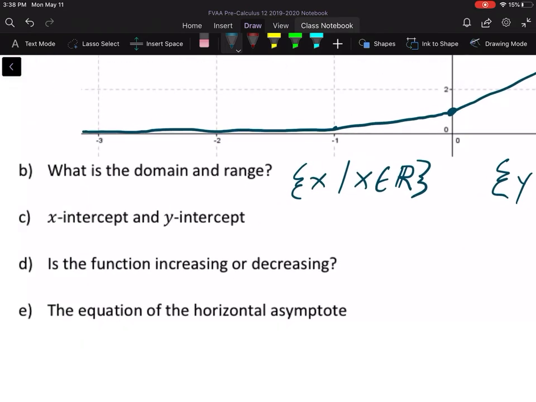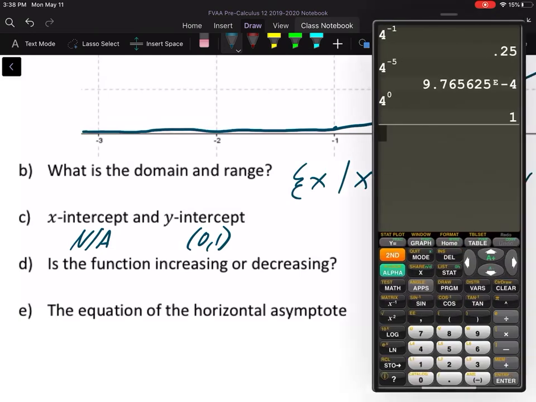All right, x and y intercept. Well, x-intercept, we just said that there is no x-intercept. It's not going to cross the x-axis. What about the y-intercept? Well, the y-intercept in this situation is (0, 1). And that's going to be the y-intercept for most of our equations, because no matter what constant you choose, let's say I pick 445 to the exponent 0, it's going to be 1.